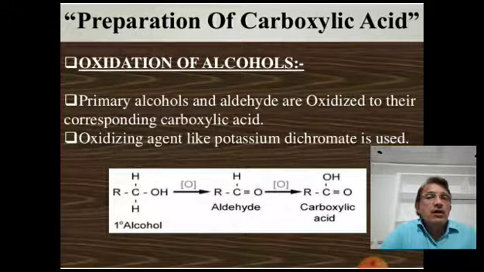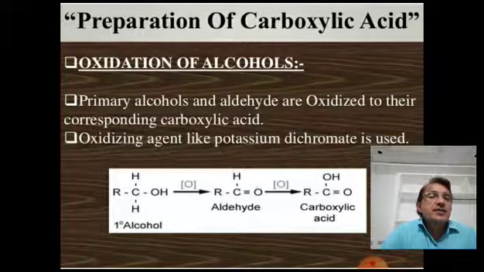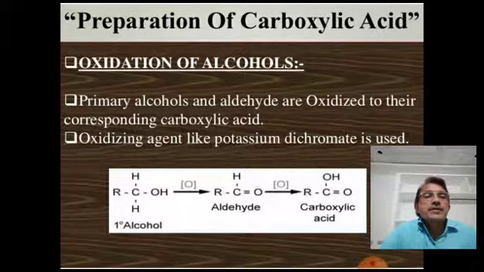Ethyl alcohol upon oxidation gives acetaldehyde, CH3-CHO. This acetaldehyde upon further oxidation gives acetic acid, CH3-COOH, which is also called ethanoic acid.